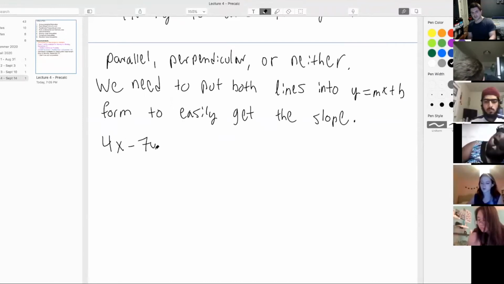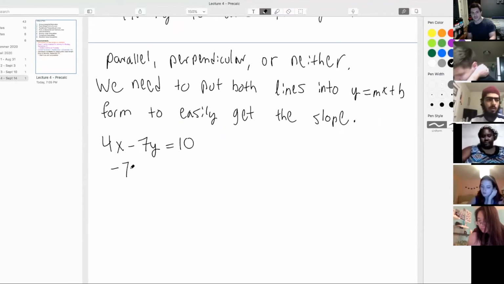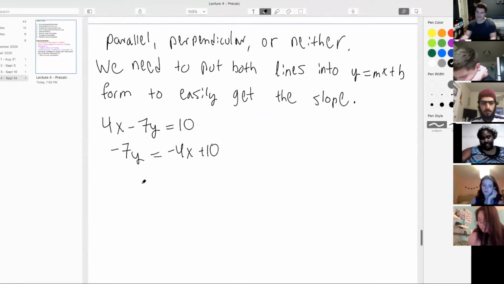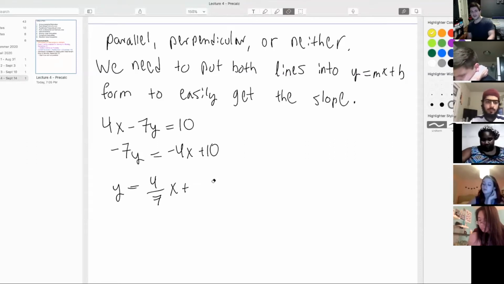The first one is 4x minus 7y equals 10. We can subtract 4x from both sides, so negative 7y is equal to negative 4x plus 10. Now divide all sides by negative 7. You'll get y is equal to 4 over 7 x minus 10 over 7.